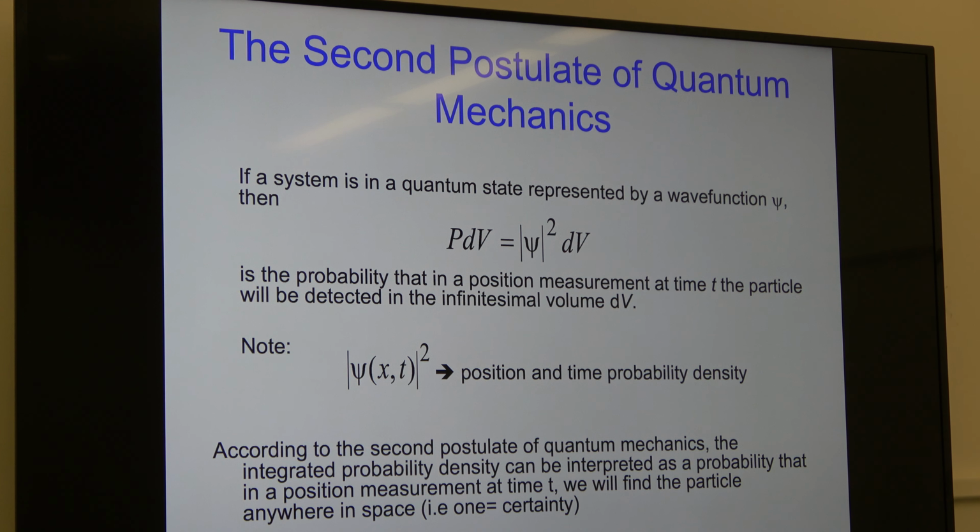So this leads to the second postulate of quantum mechanics, and in fact it links to the so-called Copenhagen interpretation, which links the probability of, let's say, a quantum system being somewhere at some point in time with the square of this wave function.